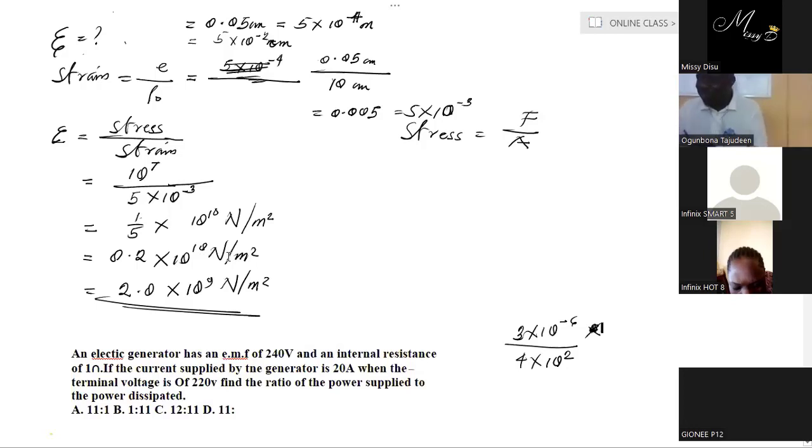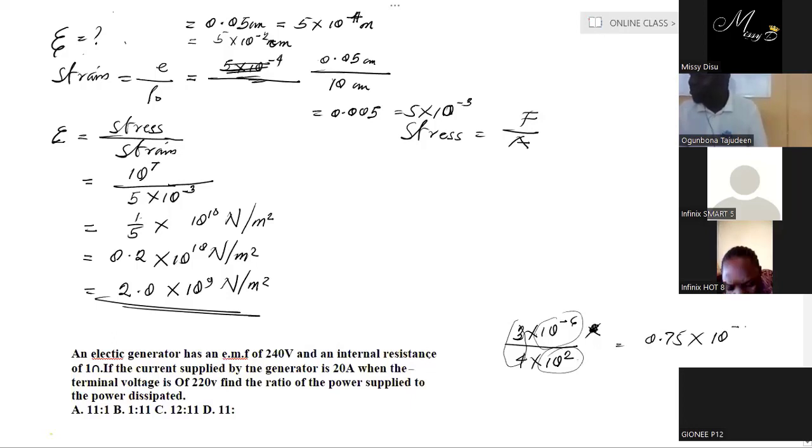But let me quickly explain this one so that we can be happy. Here, just divide the number directly, and that will give you 0.75. Then, 10 raised to power minus 6 over 10 raised to power 2: once it is positive down, it will go up to become negative.